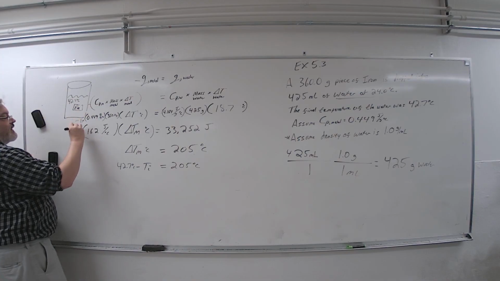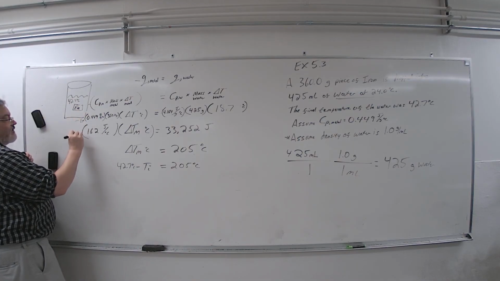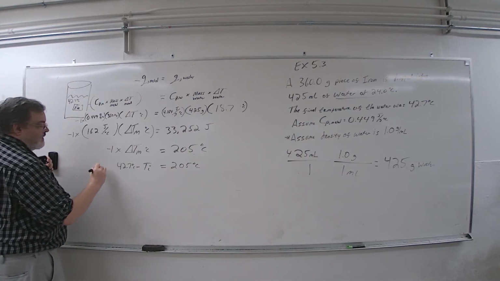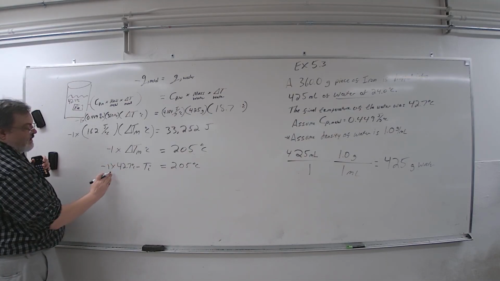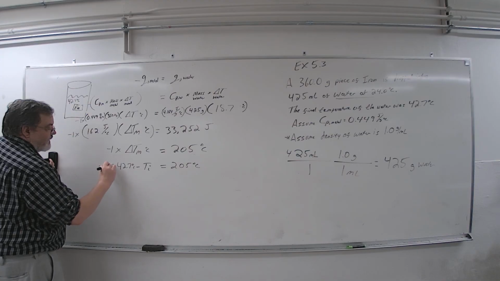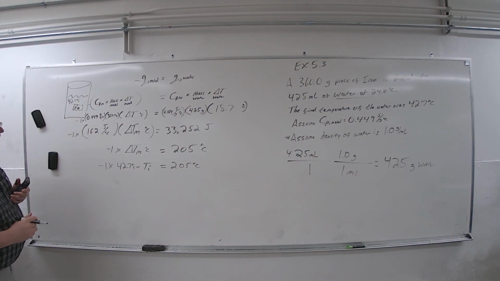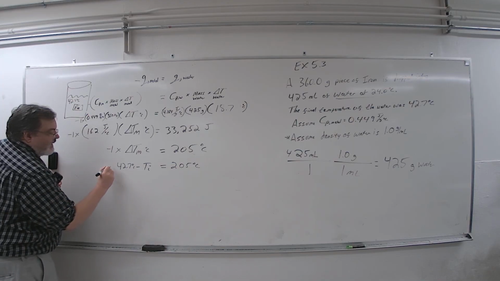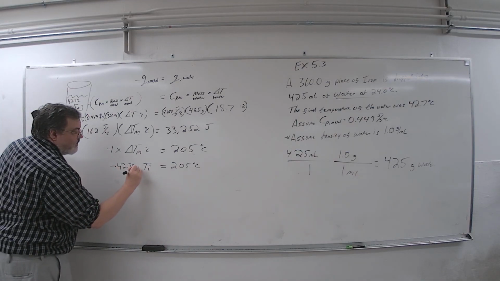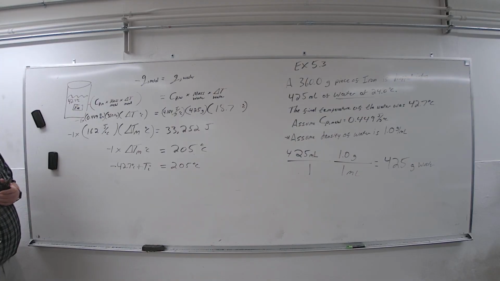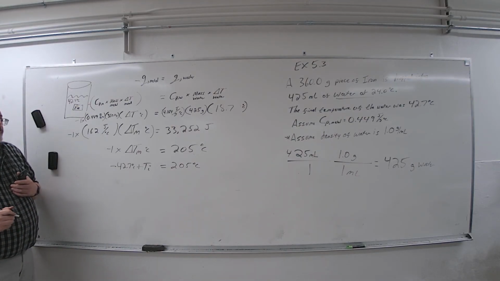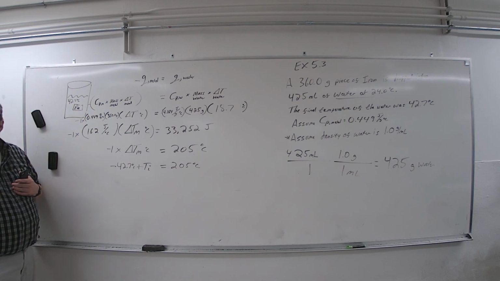This is all times negative 1 times that. If I distribute that through this, I get negative here, positive here. Okay, good. So I'm adding 42.7 to both sides.